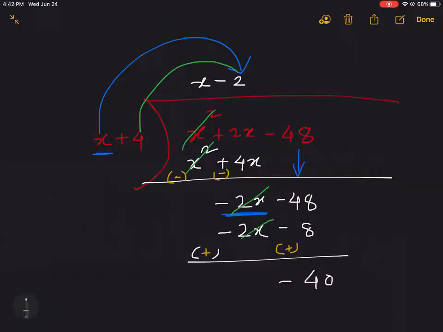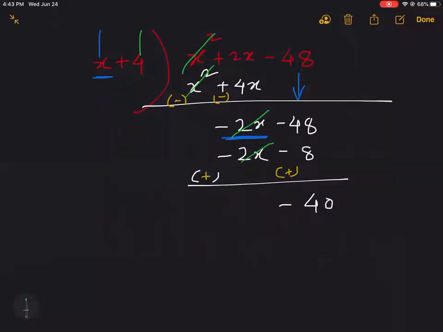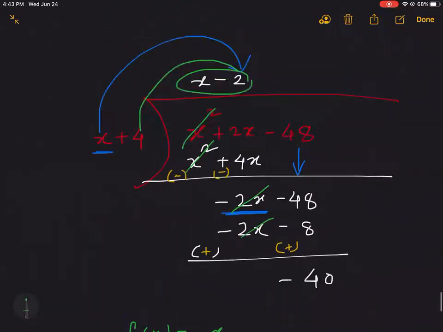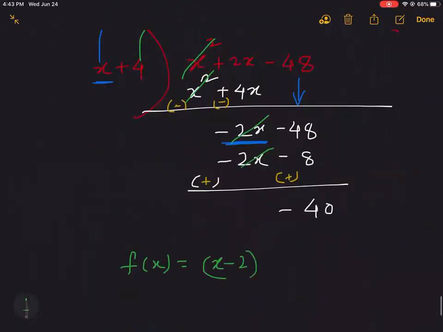So if you have this format, the clear shortcut is, the quotient is your oblique asymptote, right? You can actually rewrite this function as x minus 2 plus the remainder over the divisor.